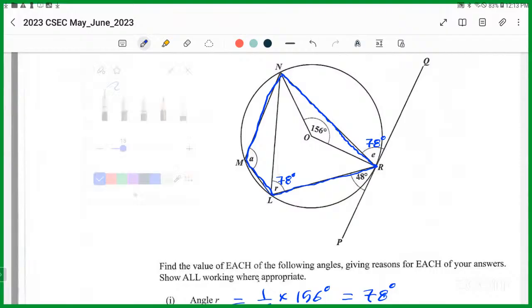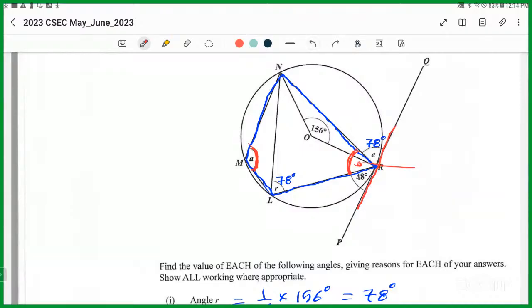And in the cyclic quadrilateral, these two angles are equal. No, sorry, those two angles add up to 180 degrees. Opposite angles in a cyclic quadrilateral are supplementary. Now, the total angle on this straight line is 180 degrees. So the angle inside here, those angles are adjacent to one another on this line through this point.